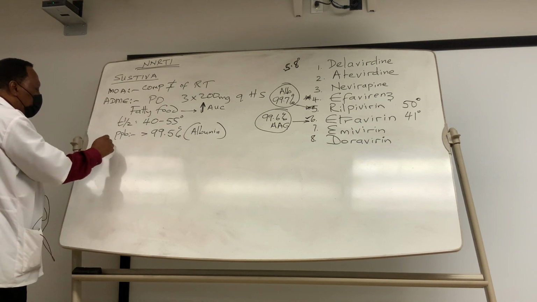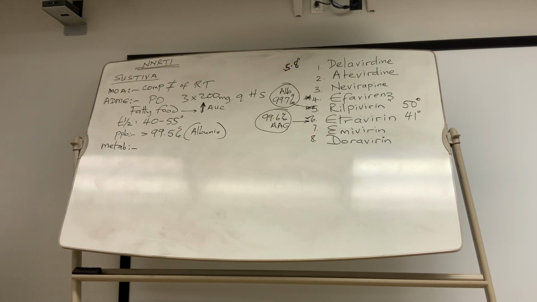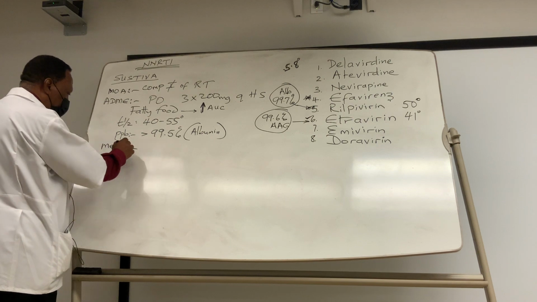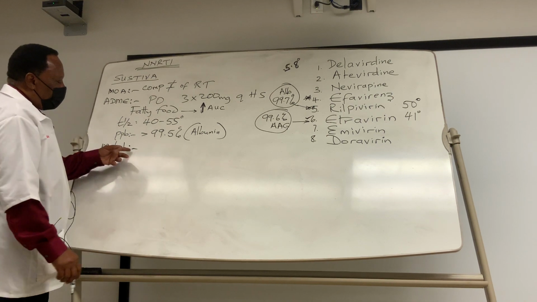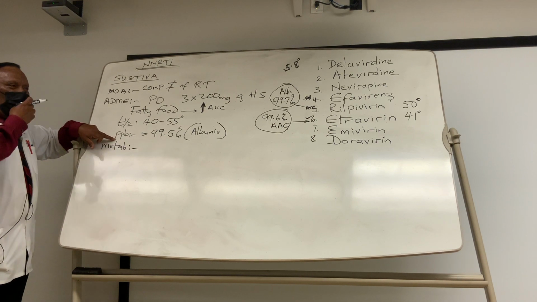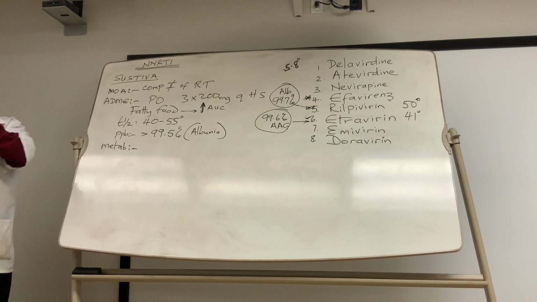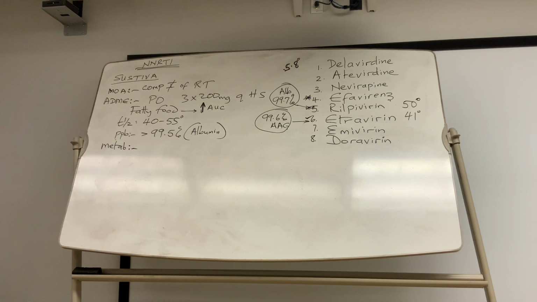And if we look at the metabolism of the drug, before we get to the metabolism, let me say something about this. Usually when a drug is highly plasma protein bound, you don't see CNS adverse effects. But with this NNRTI, it's the reverse, or it's an exception to the rule, basically. They are all very highly plasma protein bound, and yet they produce a lot of CNS related adverse effects.